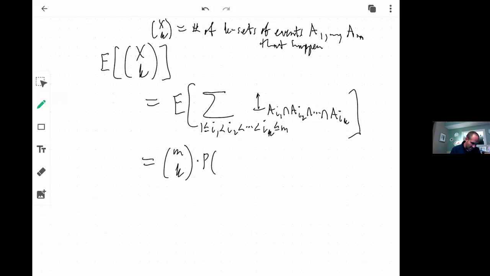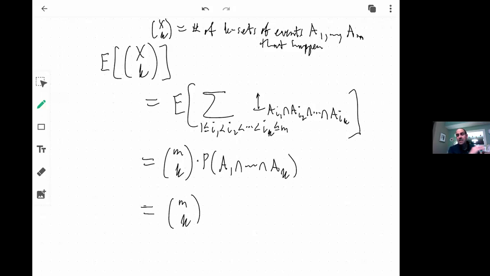So it's going to be the probability of A1 and ... and Ak. And what's the probability that that happens? Well, A1 through Ak happening just means I chose the first ball, the second ball, ..., the kth good ball.